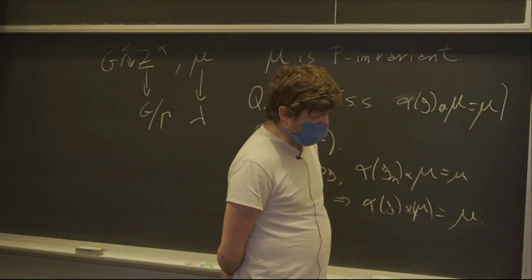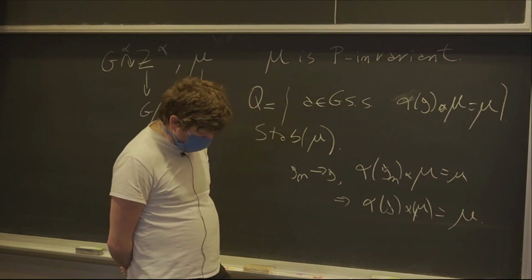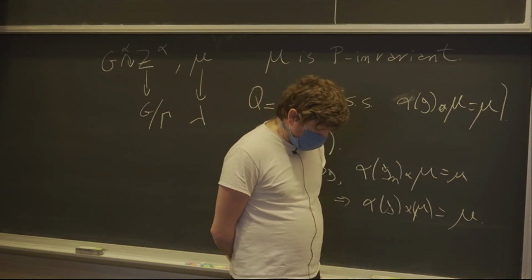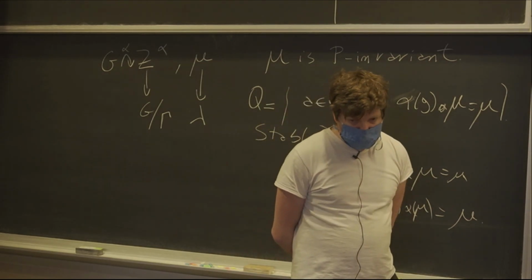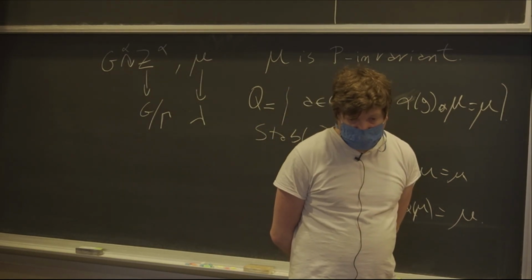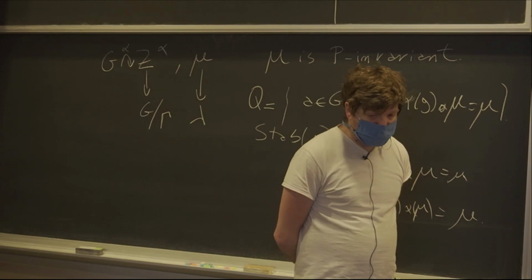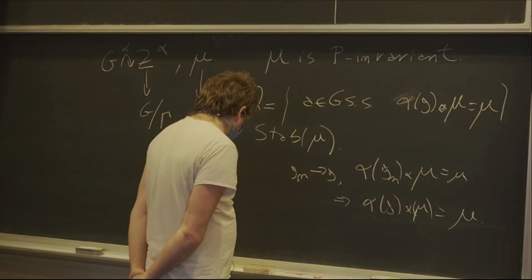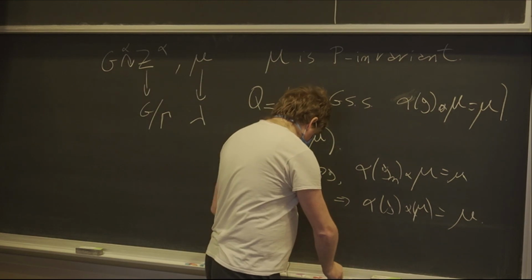Okay? And the next definition of Q, actually, I'm not going to do this extra definition. There is a third definition, if you want, which is the definition that appears in Margulis' original paper. Which I will not make appear. I should talk about Zariski closures and everything.